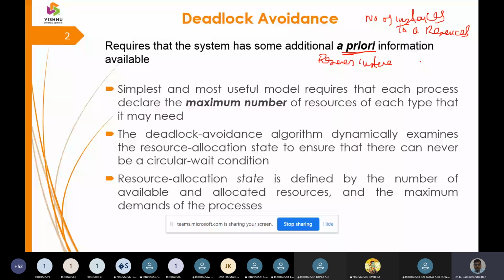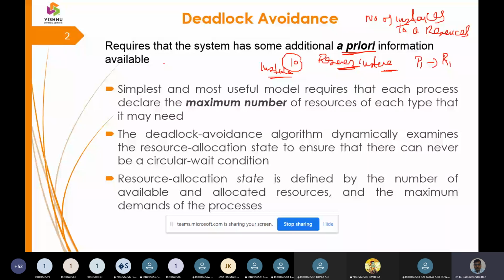Similarly, for a resource also, we have some resources. For a process, how many resources are we going to give? Those number of items have to be allocated. Assume there is a resource and it has 10 instances.